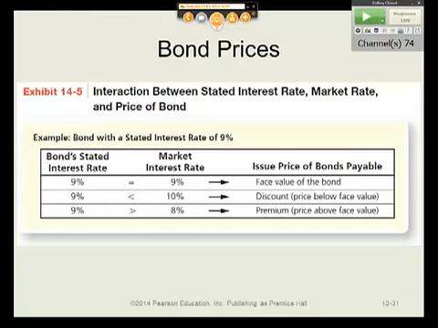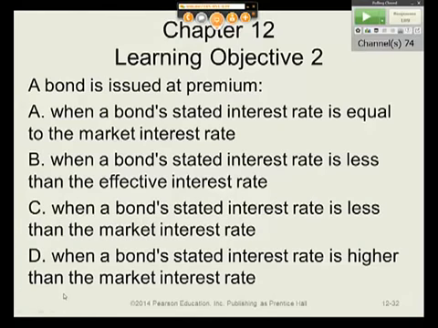Premium is a price above par value. Yeah, premium is above par, a discount is below par. Okay, so any other questions? All right, so let's do this. I want to know, when will a bond sell for a premium?